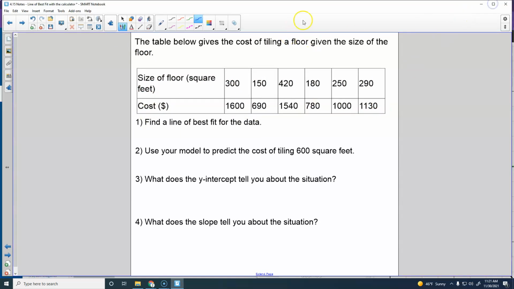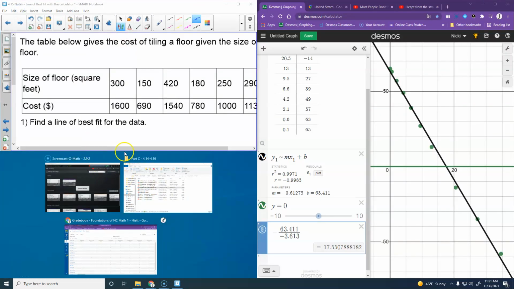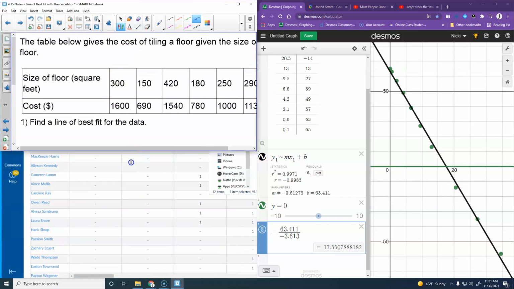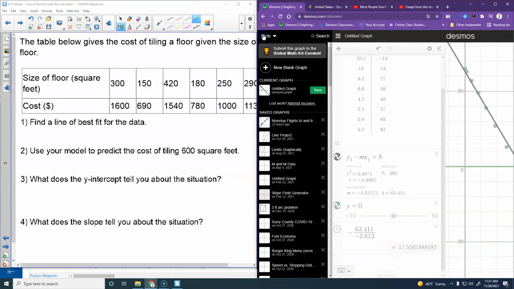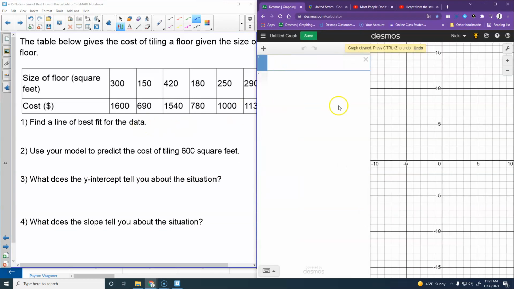So we want to put this data into Desmos. So start your new graph there. If you just click the 3 dots, you can say new blank graph. What do I hit to get the table, the plus, plus and the table. Okay. Let's enter our data.